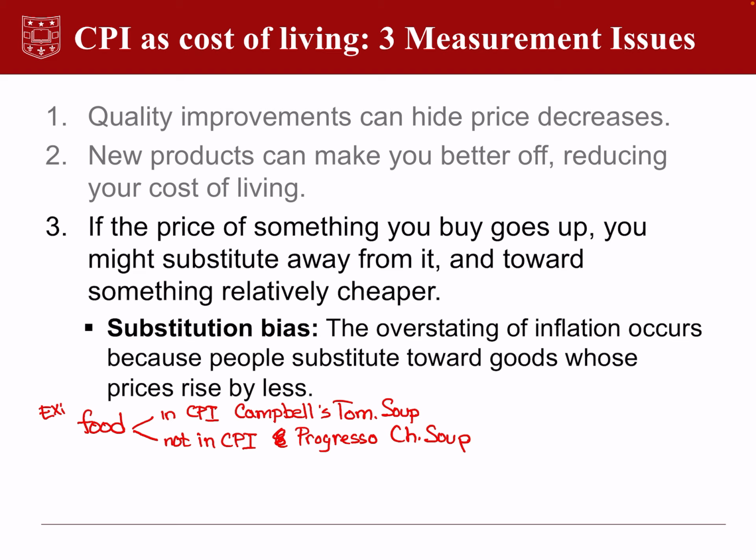So suppose that there's an increase in the price of Campbell's tomato soup. If all you want is something warm and liquidy for your lunch or dinner, you might walk into the store and see that Campbell's tomato soup is more expensive, and you say, well, I don't want that more expensive thing, marginal benefit, marginal cost, and all that. What I'm going to do is shift to Progresso chicken soup.